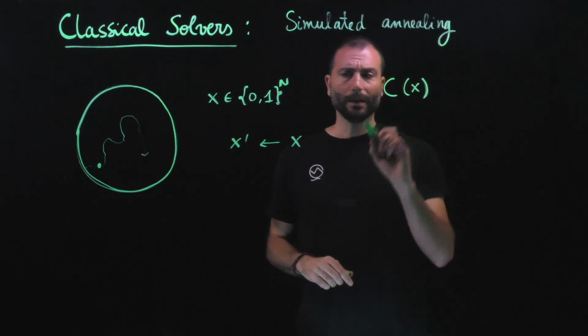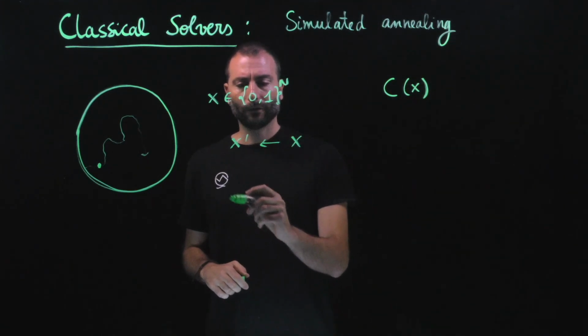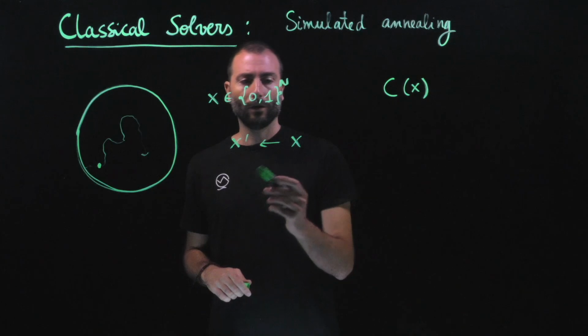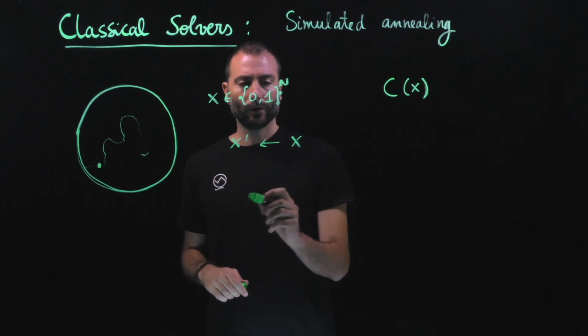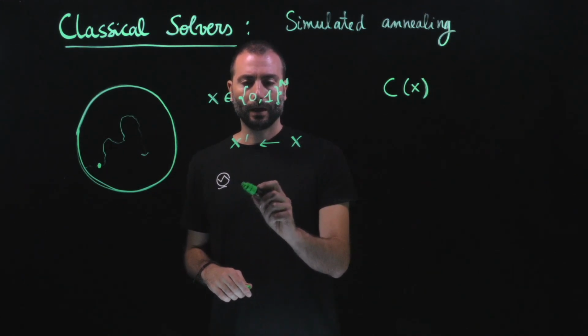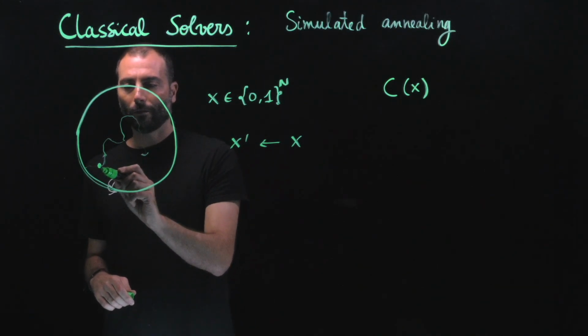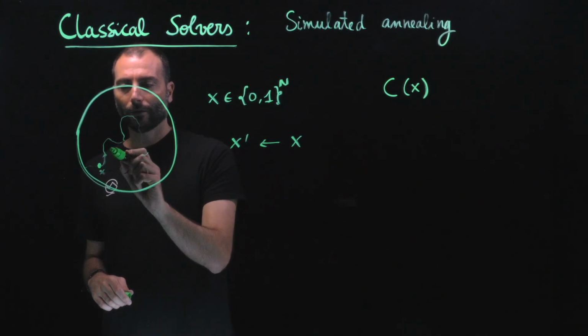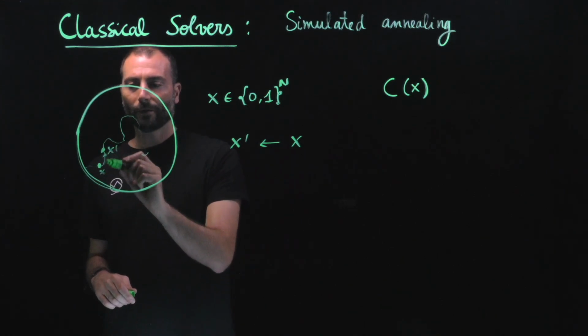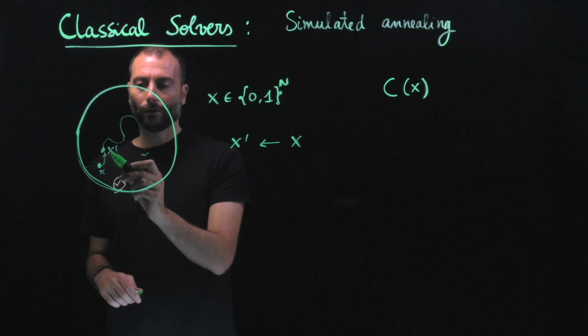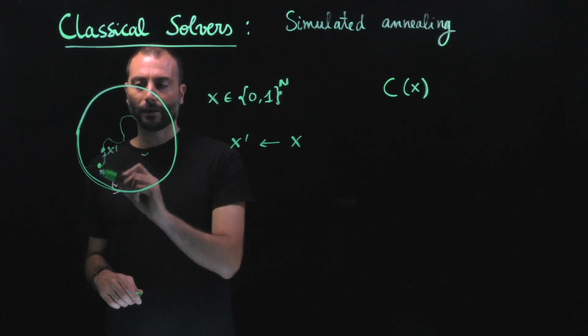So we have this cost function, and we have to decide if we accept or reject the change. Here we have two options. The question is, should I go from x to x prime? Or, in contrast, should I just remain in x?